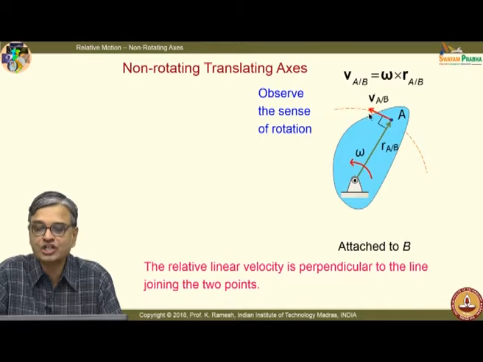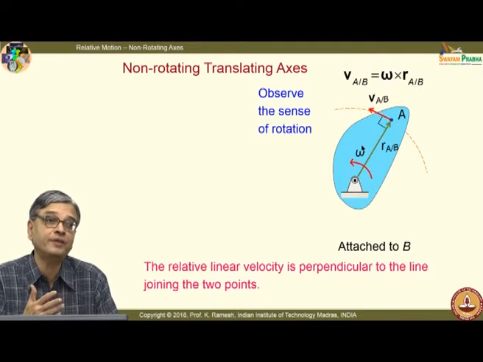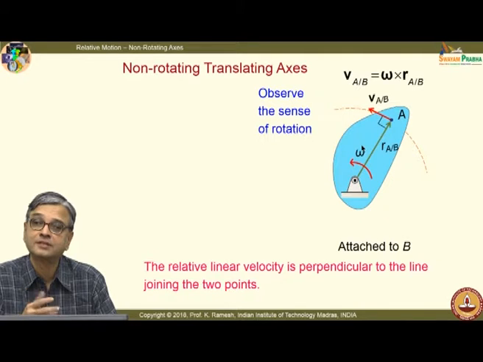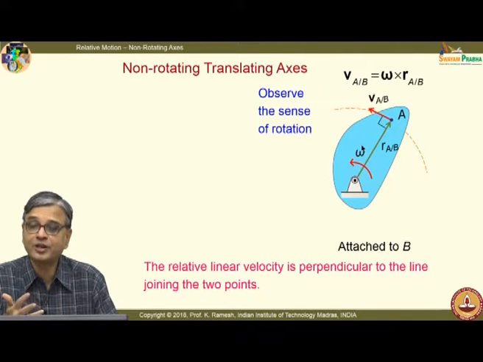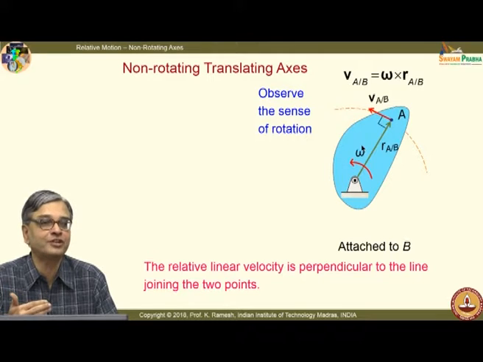You know the direction of the relative velocity. This is perpendicular to the line joining B and A, and that would be very useful in solving a practical problem. You know the direction, you may not know only the magnitude. So, you can write a vector diagram, graphical sketch, where you can use this information to calculate the relevant quantities.